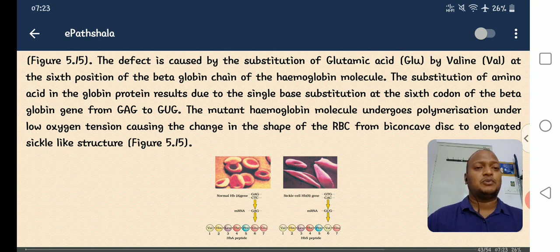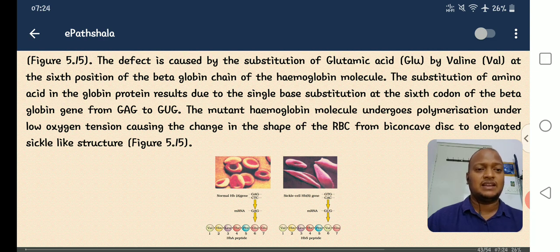What is the shape of RBC generally? Biconcave. The biconcave RBC is changed into what? Sickle cell. The shape of RBC is changed.